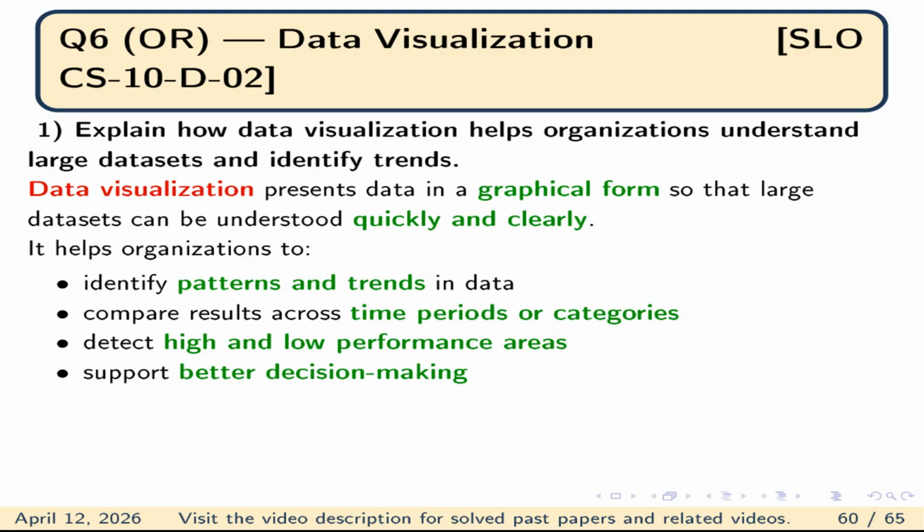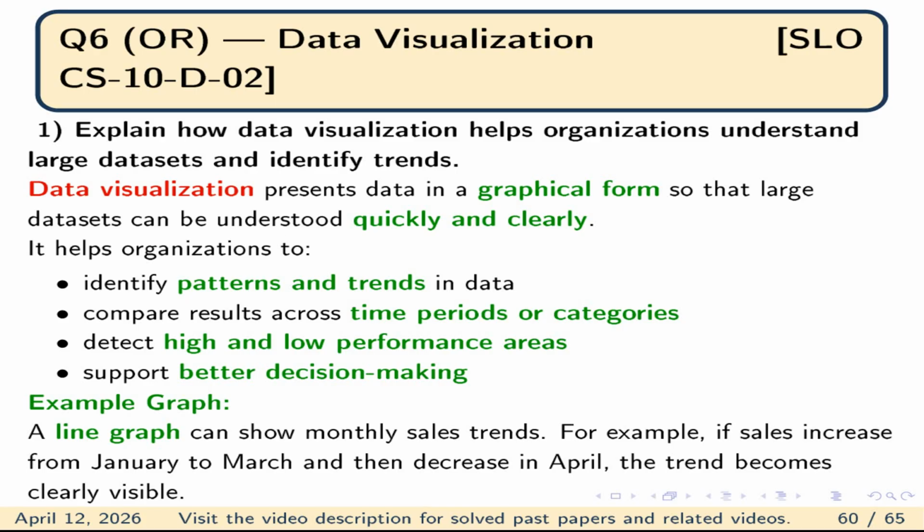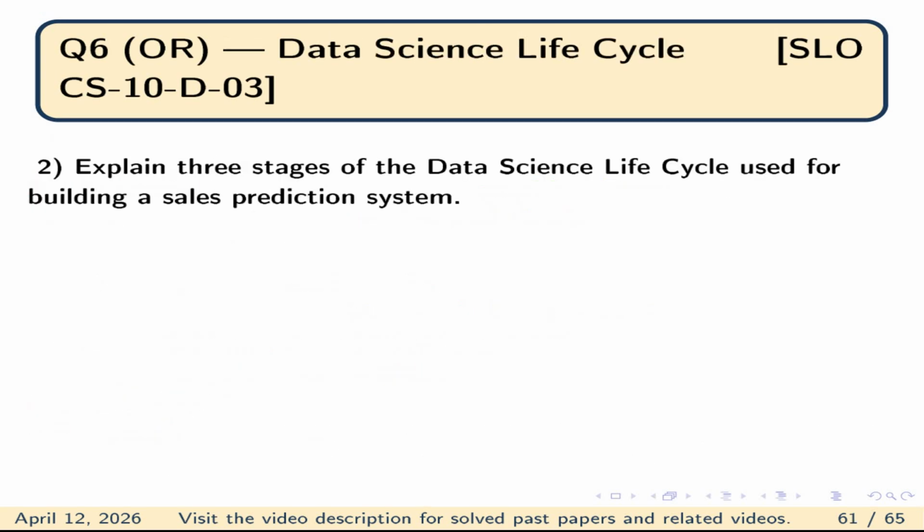It helps organizations identify patterns and trends in data, compare results across time periods or categories, detect high and low performance areas, and support better decision making. Example graph: a line graph can show monthly sales trends. For example, if sales increase from January to March and then decrease in April, the trend becomes clearly visible.